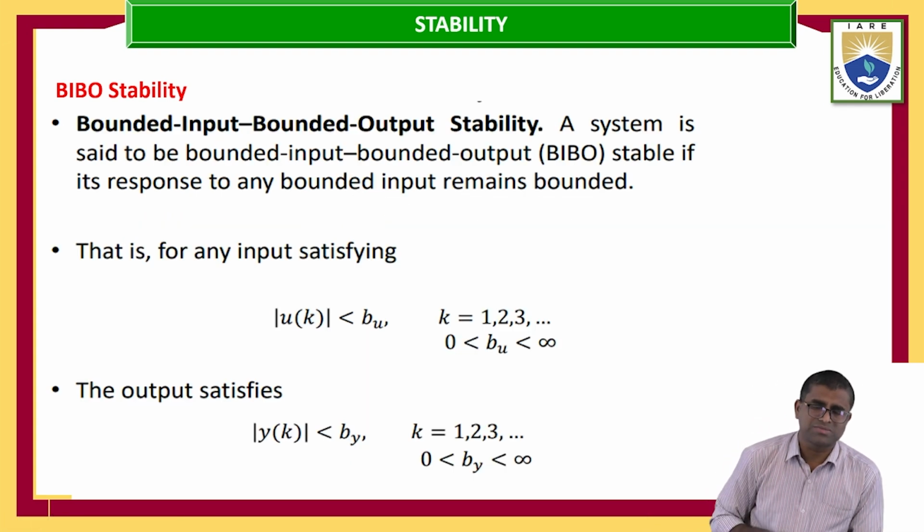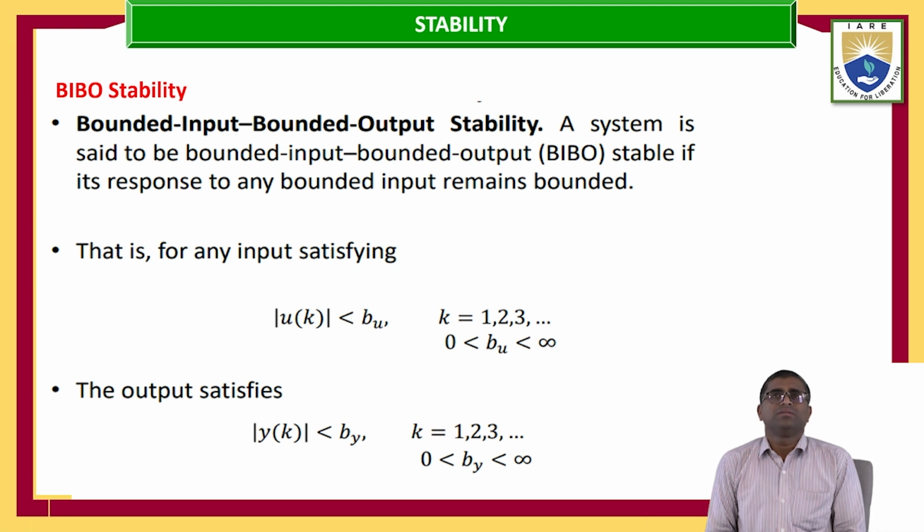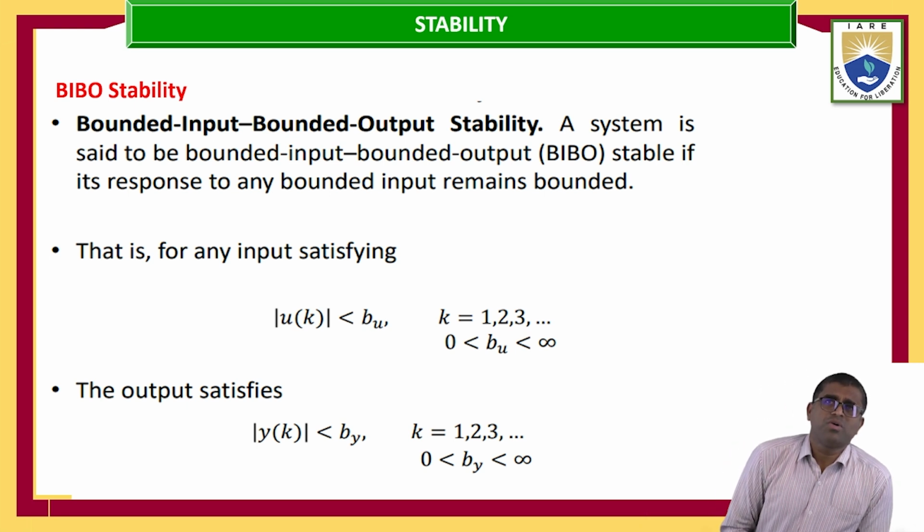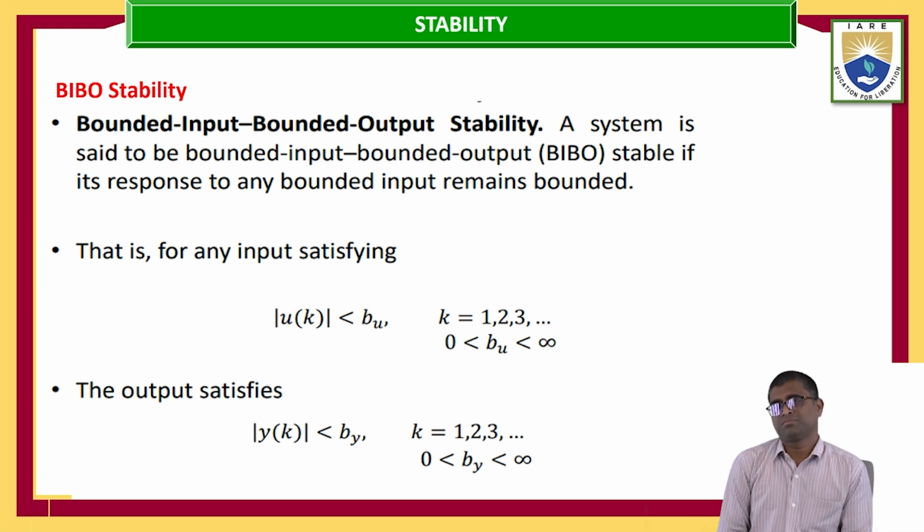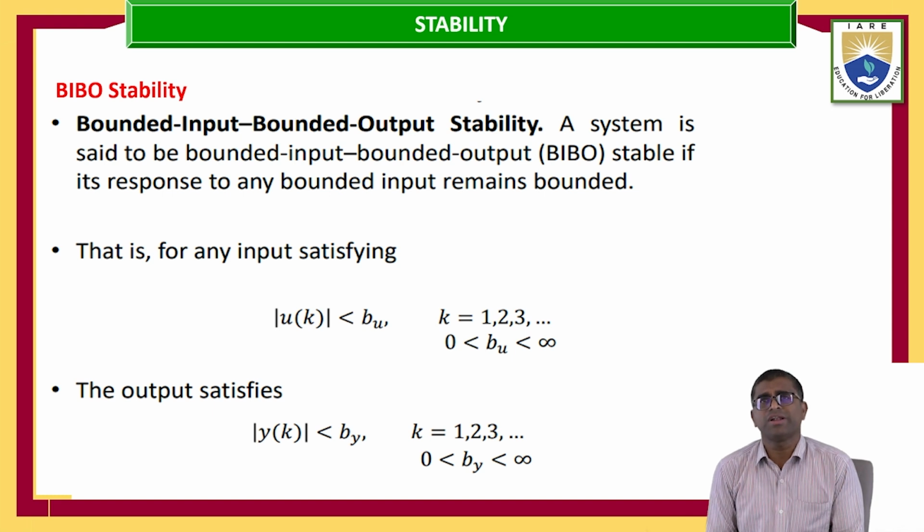Coming to the next one. What is meant by bounded input and bounded output stability? A system is said to be BIBO stable if it responds to any bounded input with a bounded output.